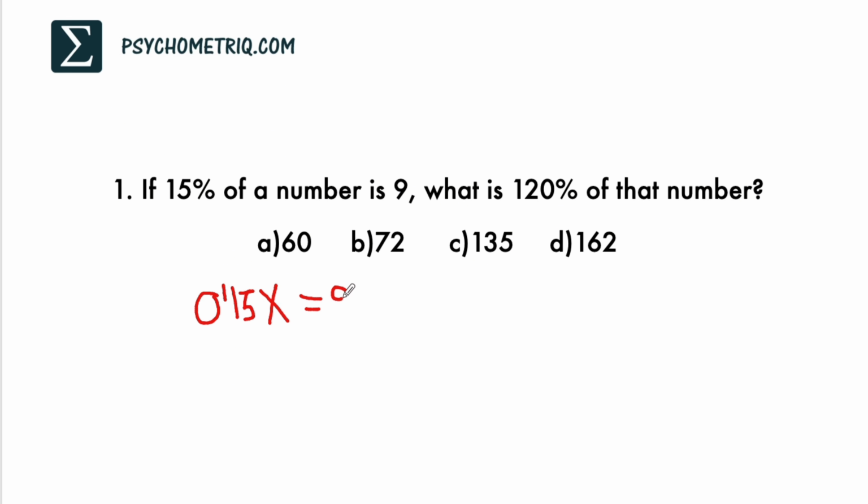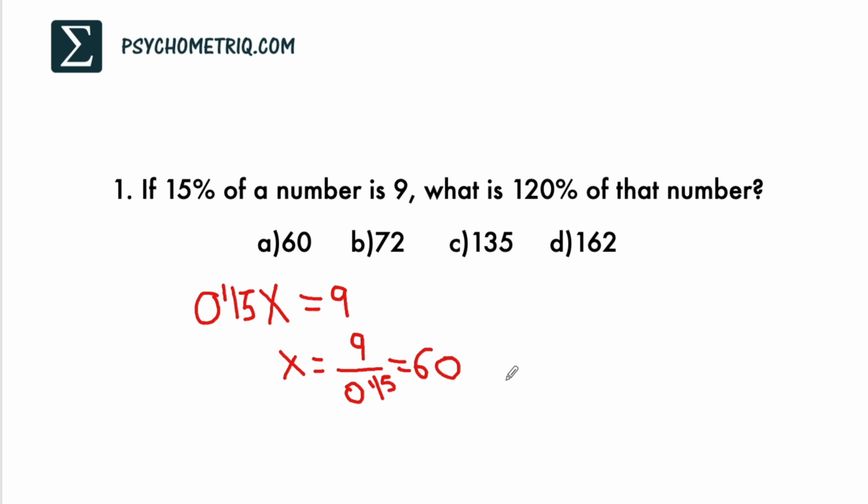Or in other words, what number multiplied by 0.15 gives us 9? If we solve for x, we have 9 divided by 0.15, which leaves us with a total of 60.